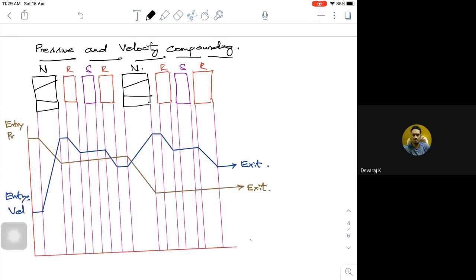Then the second stage of the nozzle, it may exit at some 150 or 160 bar. Then by the time it comes to the third stage, it may be at some 5 or 6 bar. So the advantage of expanding the steam in the stages of the nozzle is utilized properly in pressure velocity compounding.